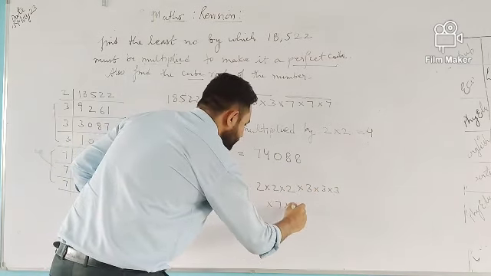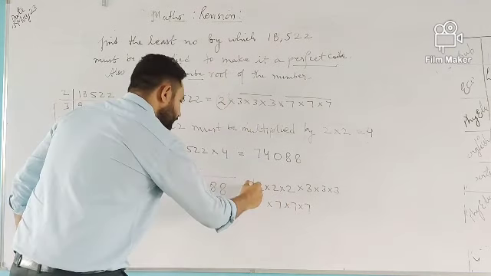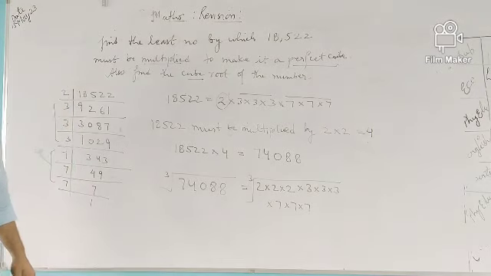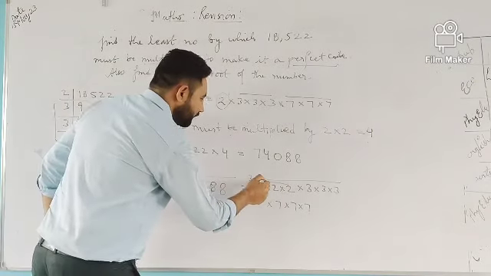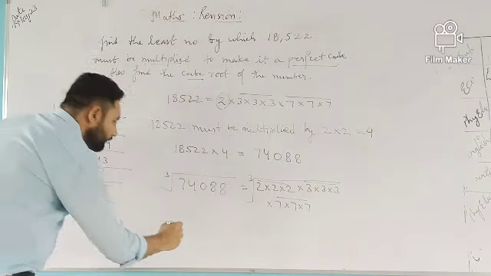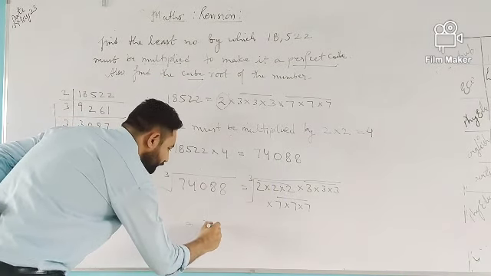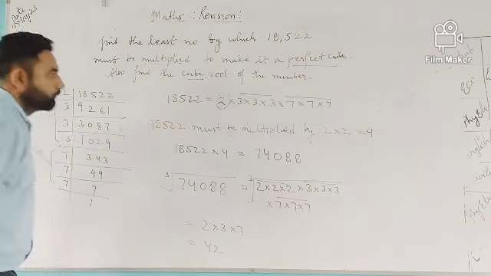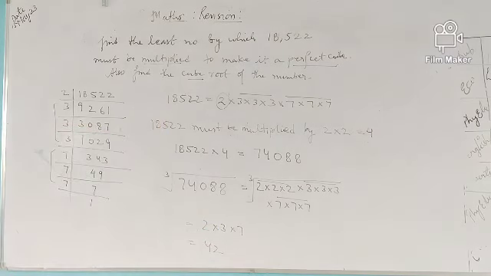So we put a cube root on this, and finally we'll get the cube root, that is 2 multiplied by 3 multiplied by 7, which is 6 multiplied by 7, which is 42. So the final answer is 42.